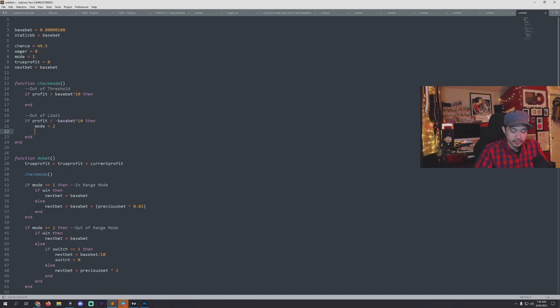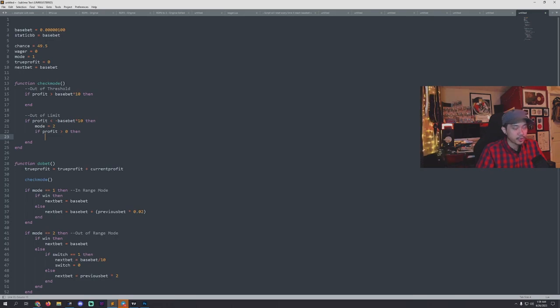Now, if profit is greater than 0, because we're multiplying by 2 at the bottom limit, if we were to ever win, we would be back within range. Because if we lose 1, we win 2.